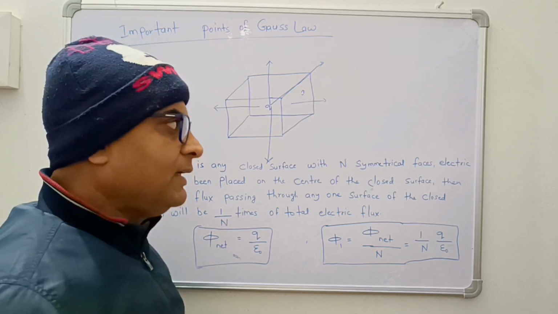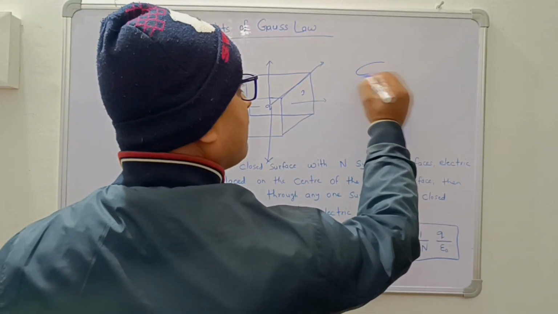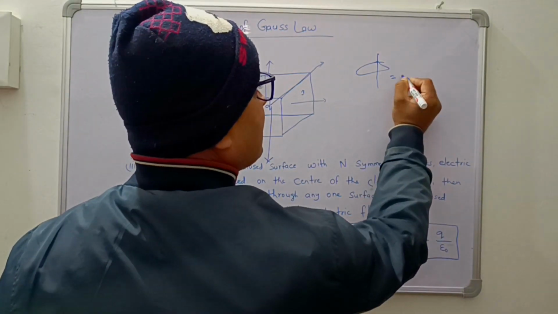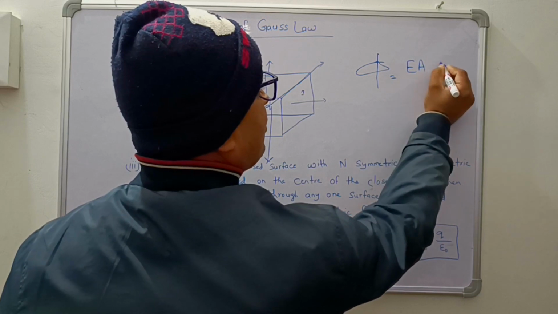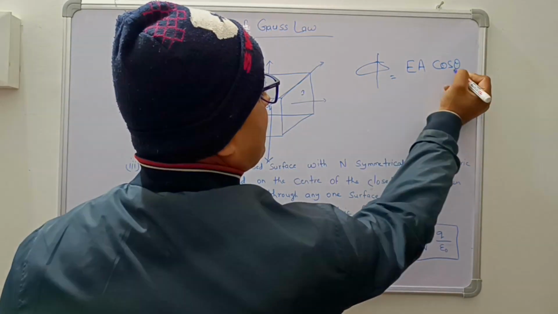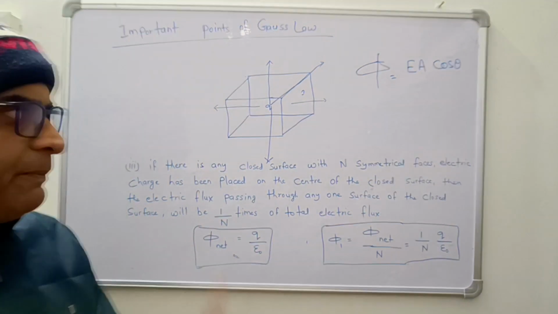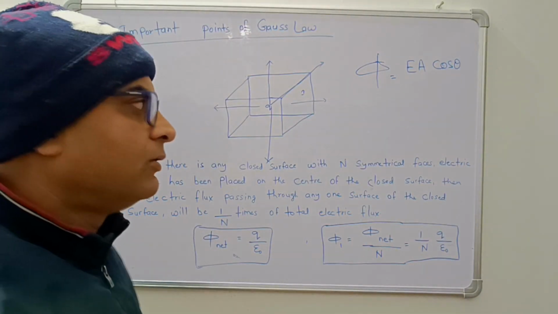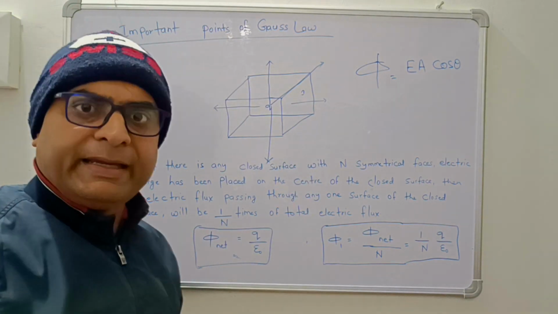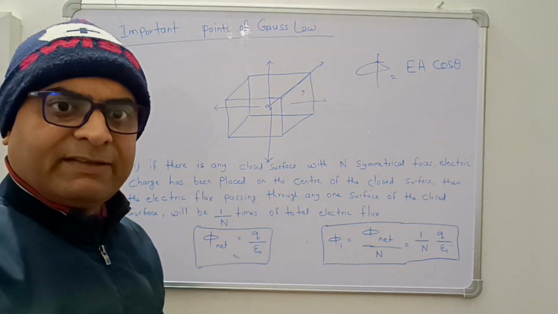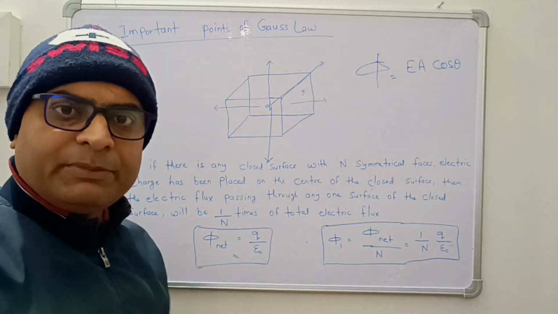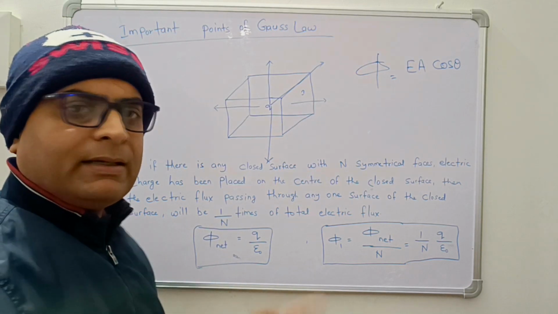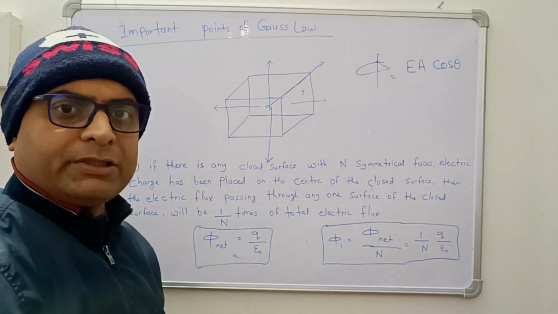If you can see, phi is E A cos theta. So this depends upon 3 things: the electric field, the area vector, which is a vector quantity, and the angle between the electric field and the area component.